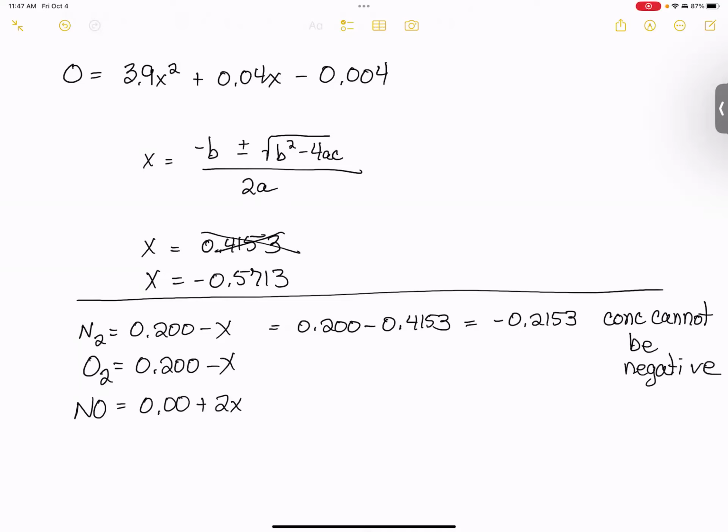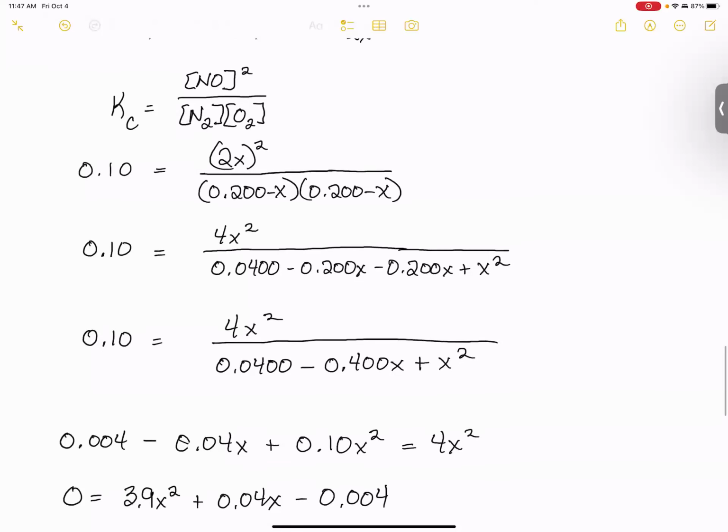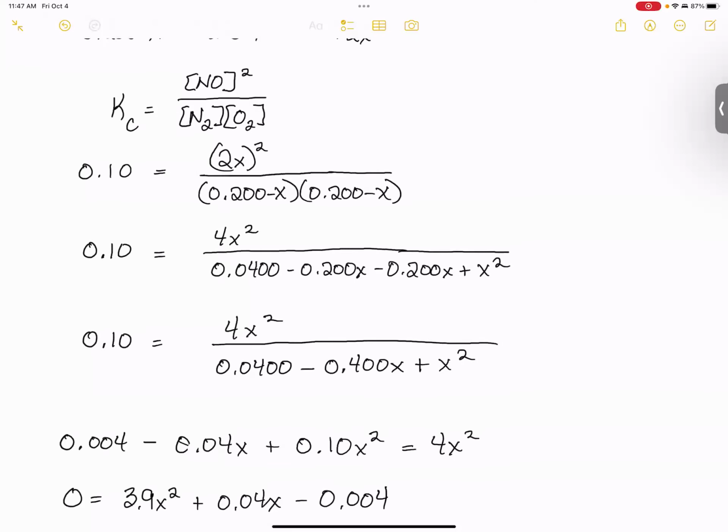Yes, I have a question. How come you took the 0.10 and put it to the x squared if it wasn't originally x squared? How did you get the x squared on it?